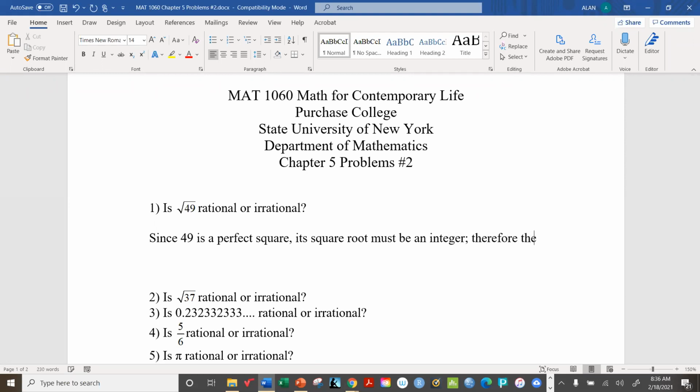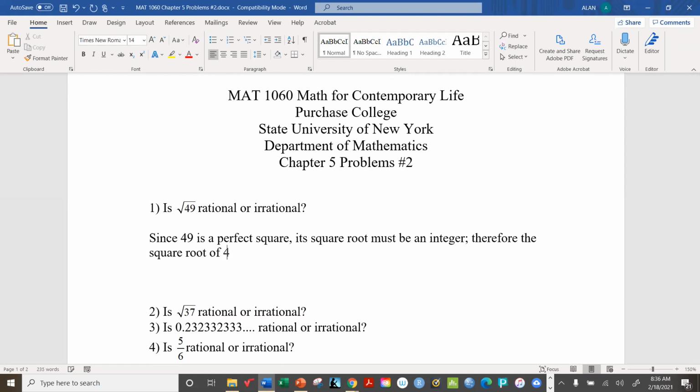Therefore, the square root of 49 is rational. Okay, now it doesn't say you must prove it or anything like that, but that's why this is happening, because when you take the square root, you can see that it is 7, which is obviously a rational number because it's an integer.